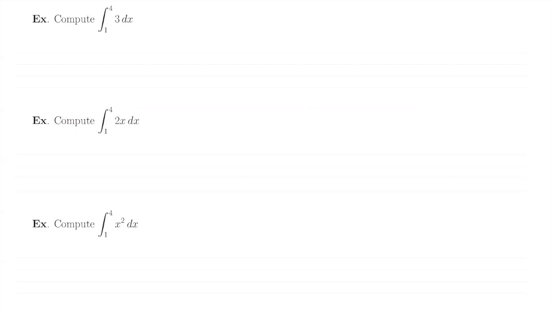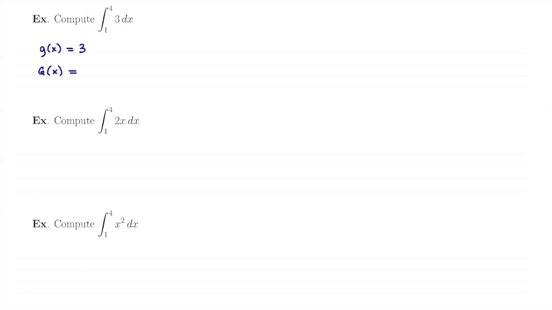Well, that's going to be height 3, base 3. The answer is 9, but let's see how to get this using the fundamental theorem of calculus, part 2, the evaluation theorem. Okay, in the language of the theorem, g of x is 3. I need an antiderivative. So I need to think of a function whose derivative would be 3.